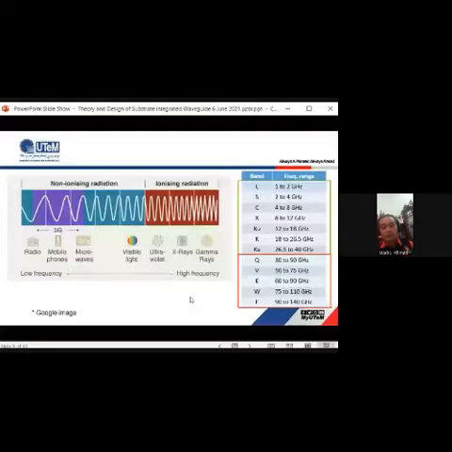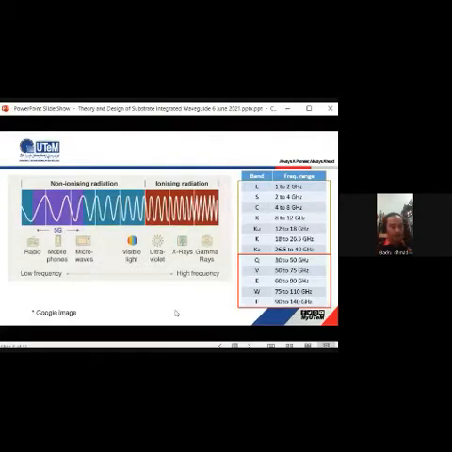The region where we are working is basically non-ionizing radiation. The applications are basically radio, mobile phones, microwave ovens and so on. So it is basically safe for us to use. Don't worry.